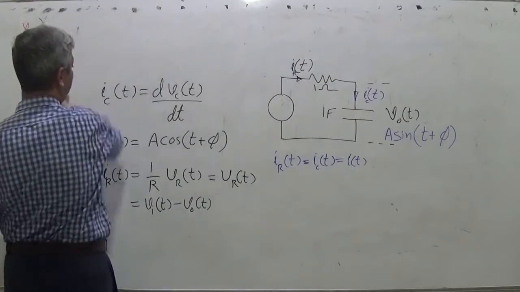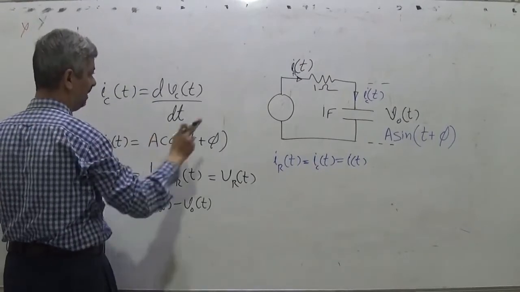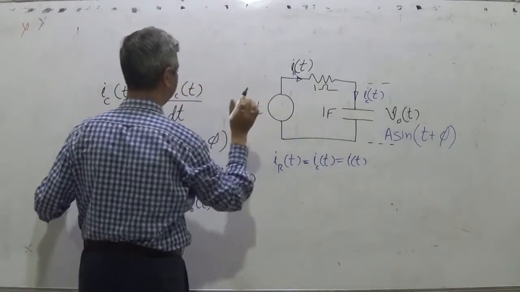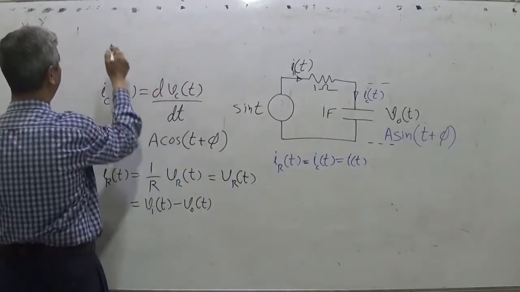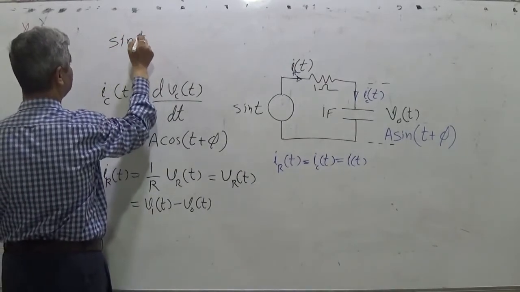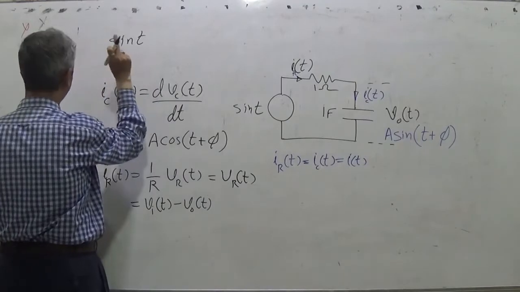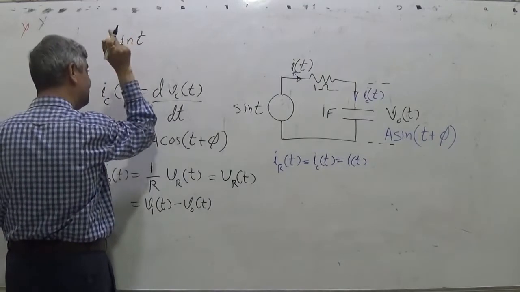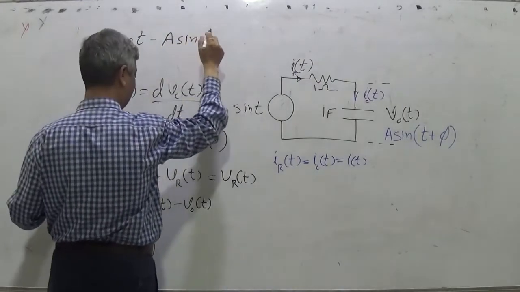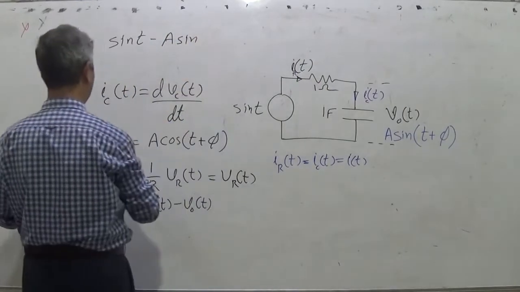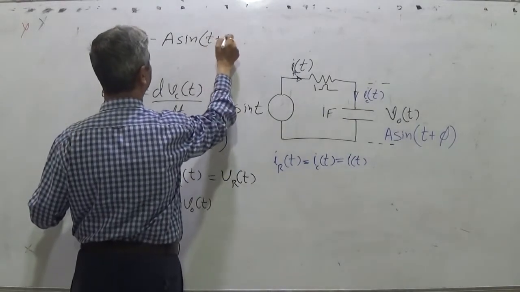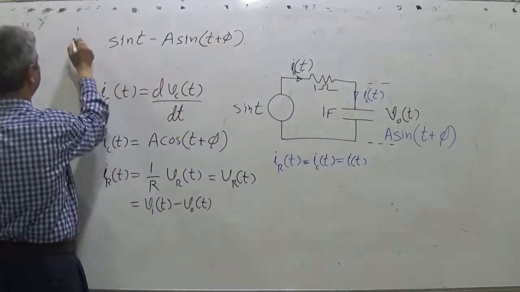A is 1, I have assumed. So v_in(t) is sin(ωt), that is sin t, not t plus something. So sin t minus v_o(t), which I assumed as A sin(t + φ). This is v_R(t).